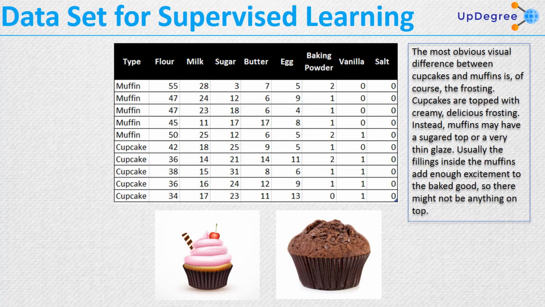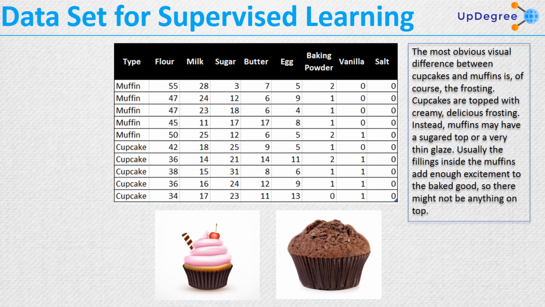Muffins may instead have a sugared top or a very thin glaze, and the fillings inside the muffins add enough excitement to the baked good, so there might not be anything on top also. So that is the basic difference between muffins and cupcakes. A cupcake is nothing but a smaller version of a cake actually.